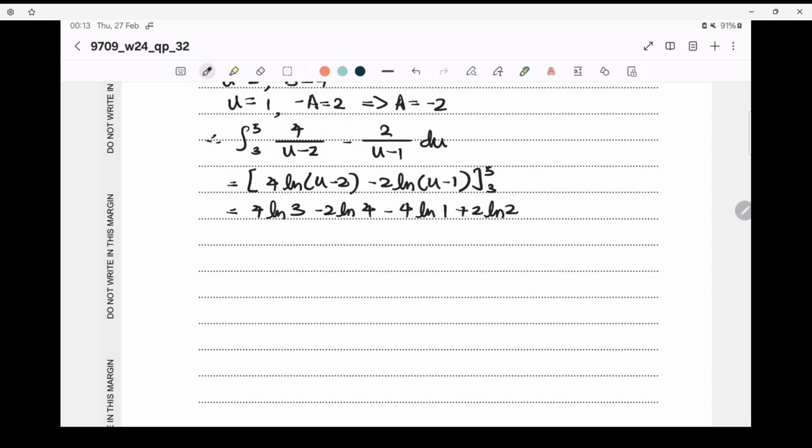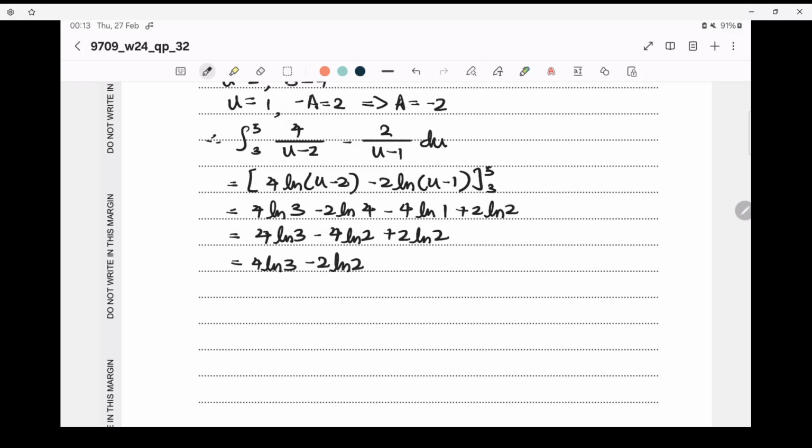So 4 ln 1 is 0. So what you would have is 4 ln 3 minus 4 ln 2 plus 2 ln 2, or 4 ln 3 minus 2 ln 2.